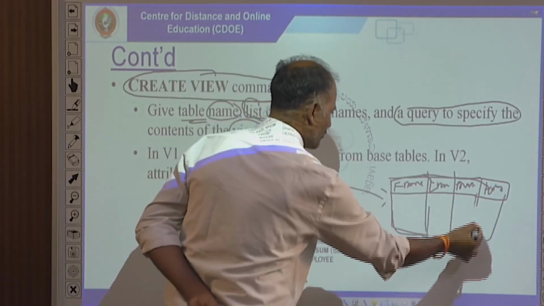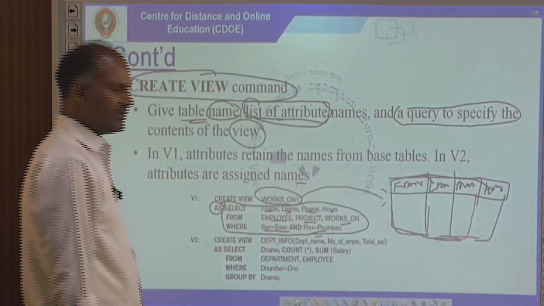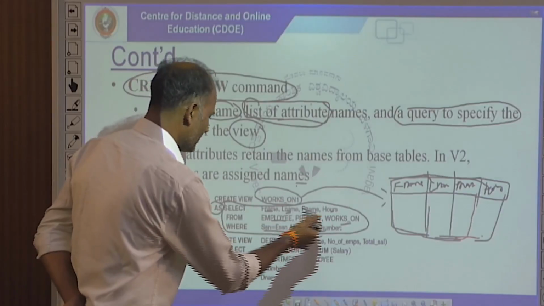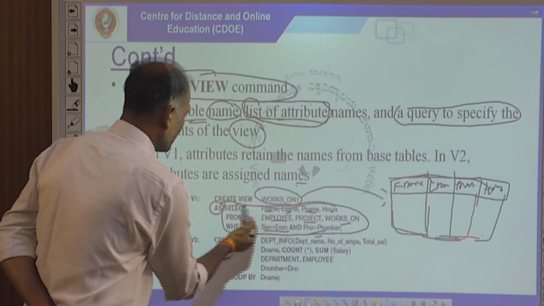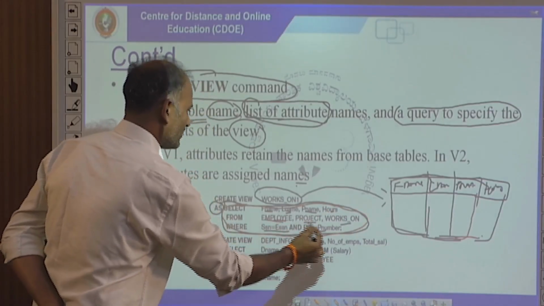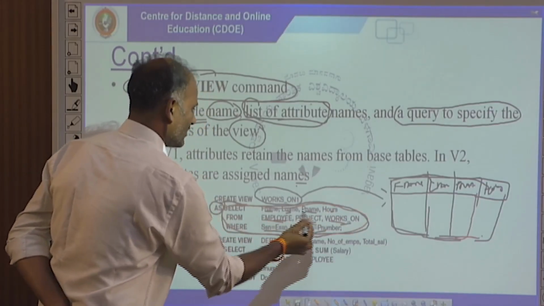This is how your virtual table looks. From where are you getting this virtual table? You are getting it from the query. The query returns the values from the tables as first name, last name, and hours.